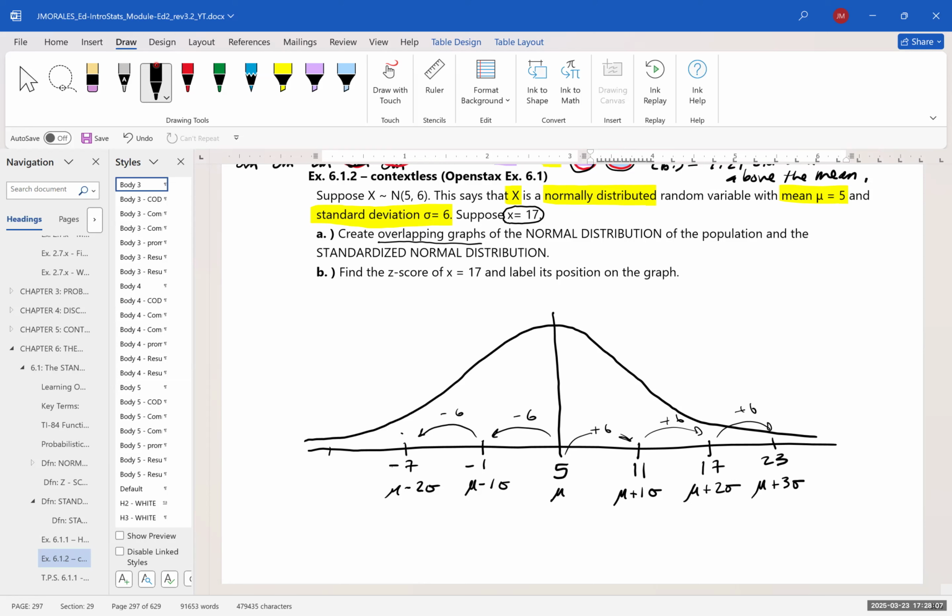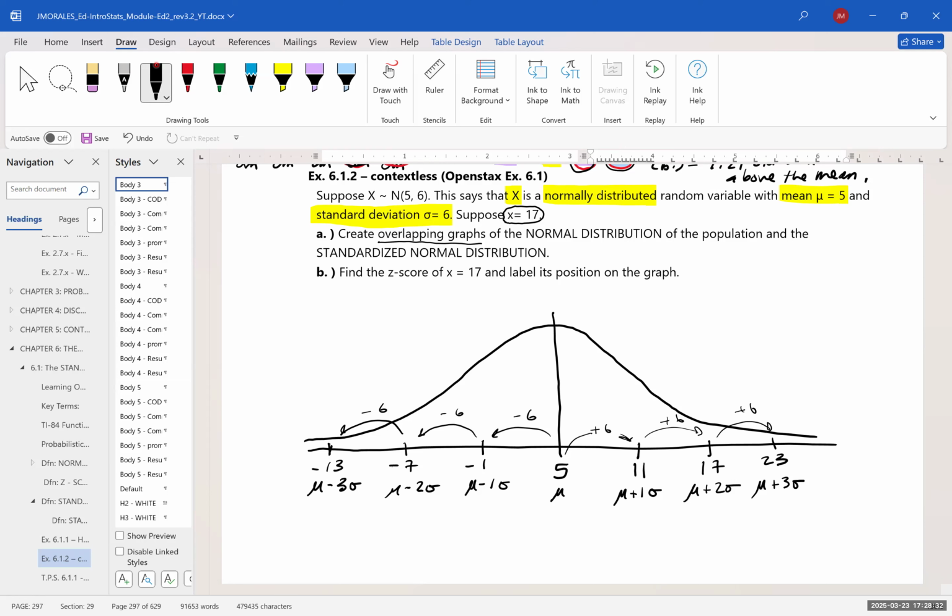And if I subtract 6 again, it's going to be -13. So this is the mean minus 3 standard deviations. So you can see I've iteratively gone above the mean in multiples of standard deviations, and I've gone below the mean in multiples of standard deviations.